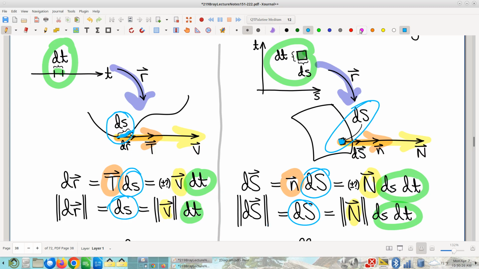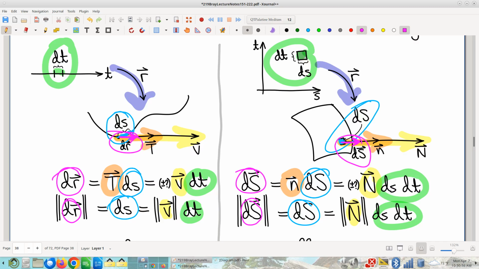You can talk about the curiously convenient little vector dr, and the curiously convenient little vector dS. Those play analogous roles in the equations, and you can just see where they sit in the equations. And remember, they also play similar roles geometrically.